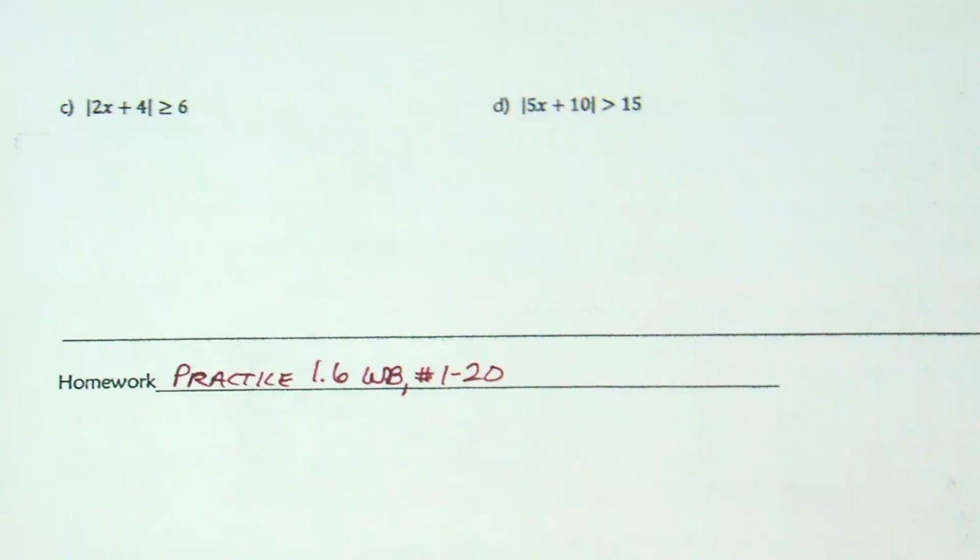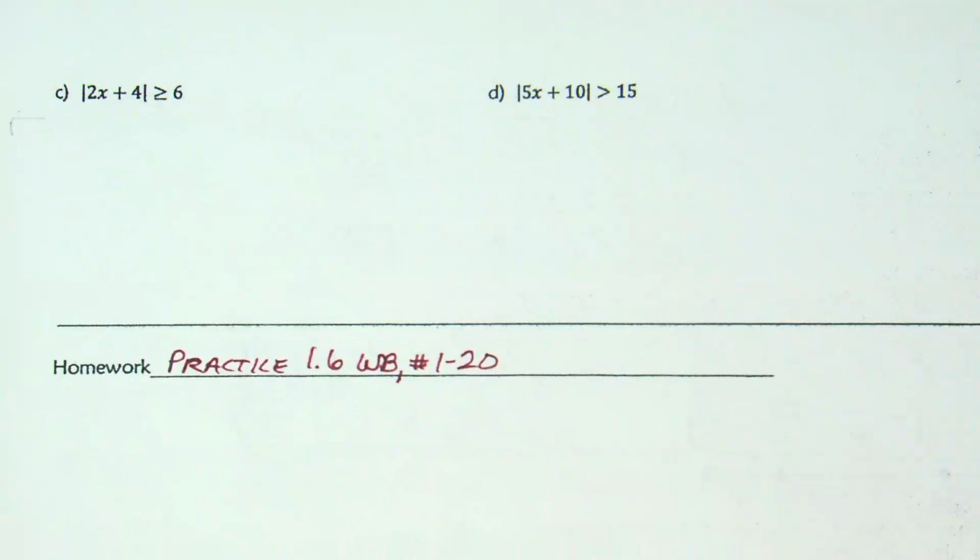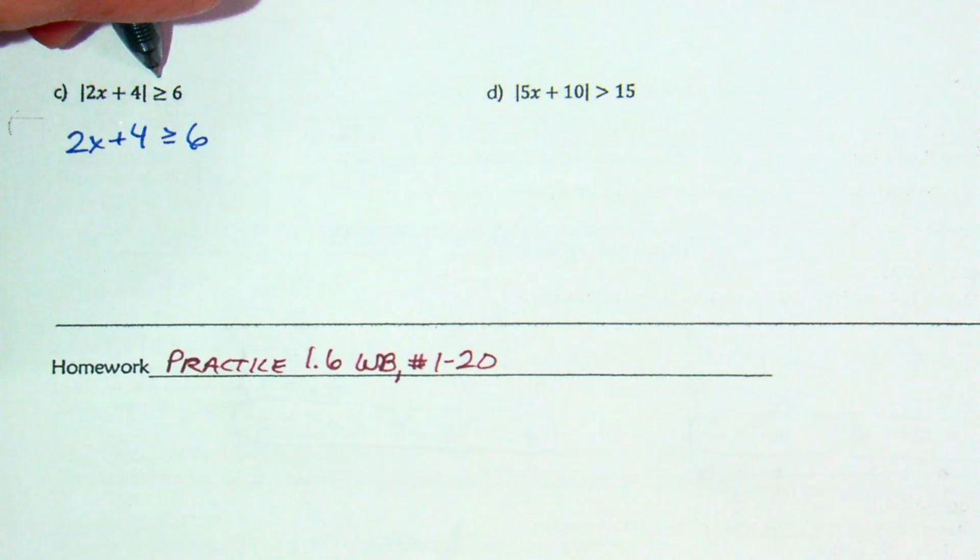Okay, absolute value of 2x plus 4 greater than or equal to 6. Is the absolute value by itself? So we're going to set up 2. What's the first one? 2x plus 4 greater than or equal to 6. I need a word. Or, because this sign is greater than.